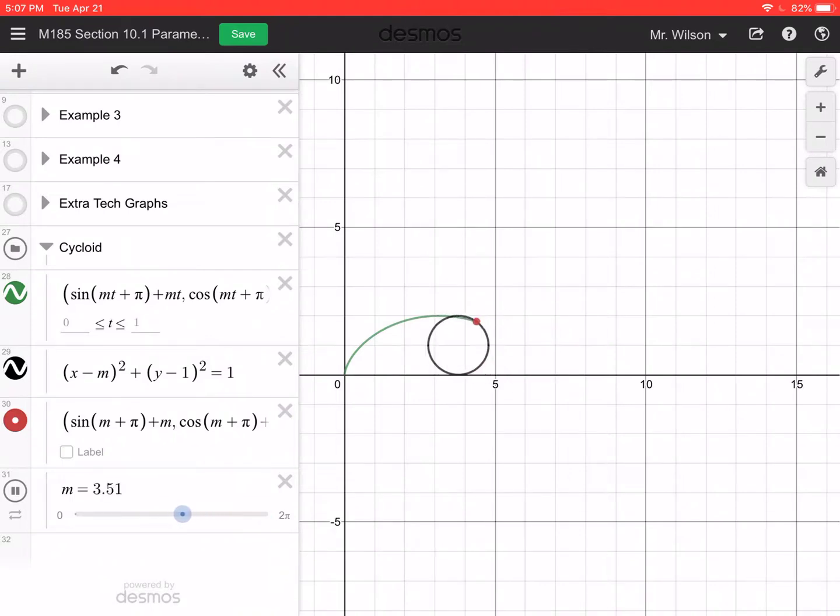And then it's coming back there. So each arch is consistent with one rotation of the circle. So one theta going from 0 to 2 pi. So we're using theta as our parameter in this case instead of t.